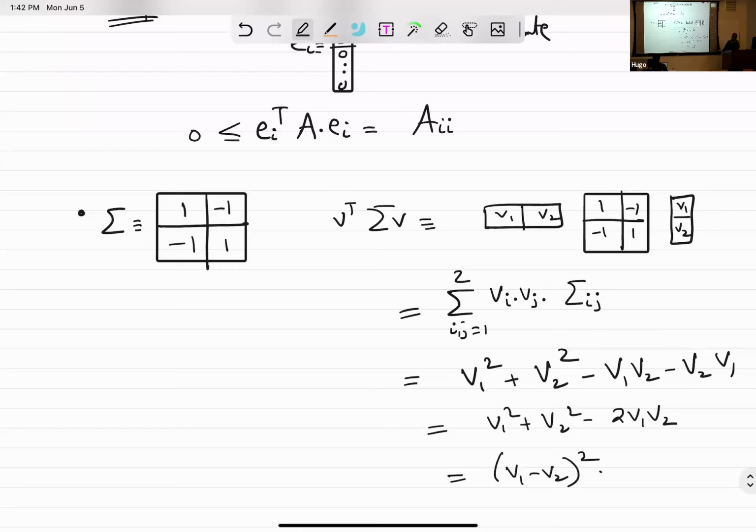Just as a sanity check, this matrix is PSD because v transpose sigma v is actually equal to (v1 minus v2) whole squared, which we know is always non-negative. Right, this is clear as a quantity. So this implies sigma is PSD.